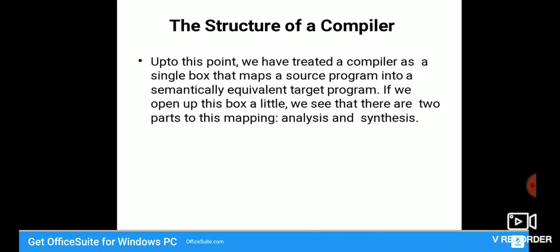So we will talk about the basic structure. Think of it as a box. The compiler is a box wherein you put in the source program, it processes it, and then gives you output as the target program. The source program is a high level language and the target program is machine language.